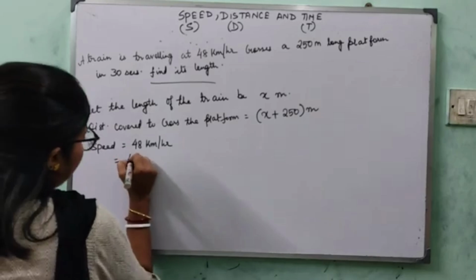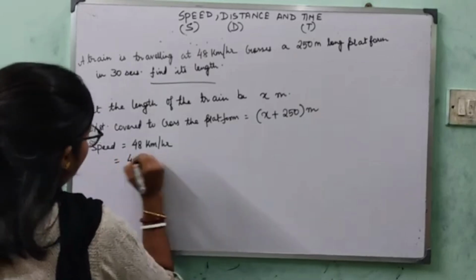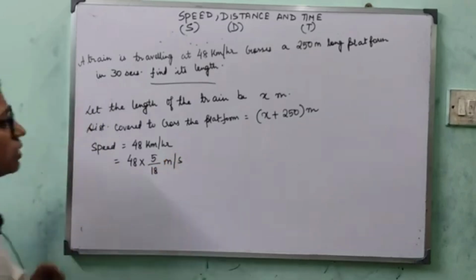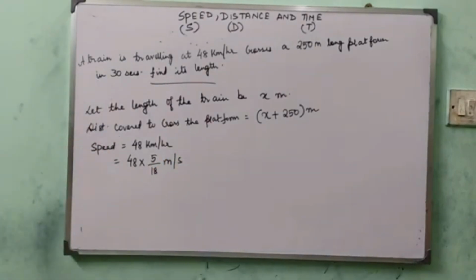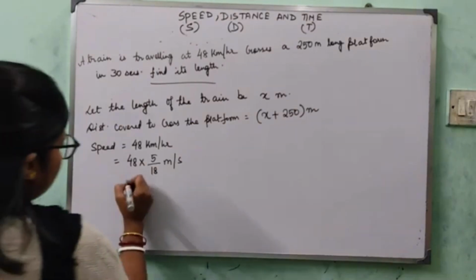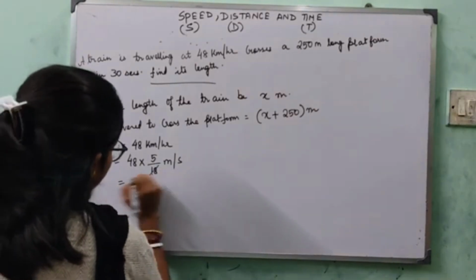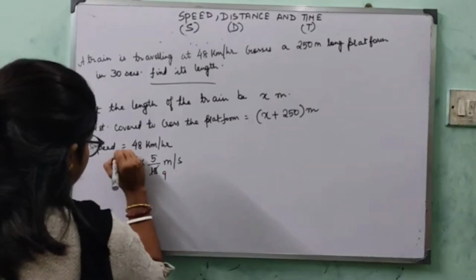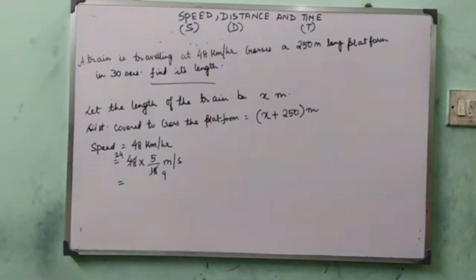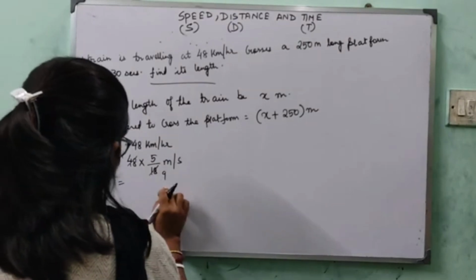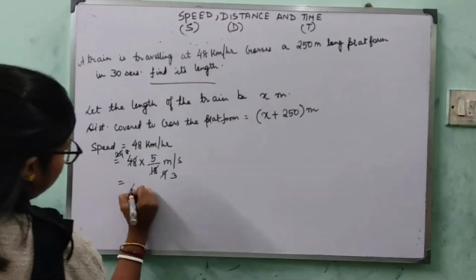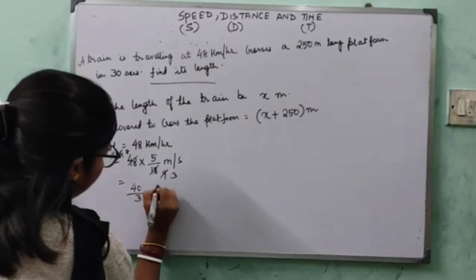So 48 into, we are converting it to meter per second, that means we will multiply with 5 by 18. So 48 into 5 by 18 is 40 by 3 meter per second.